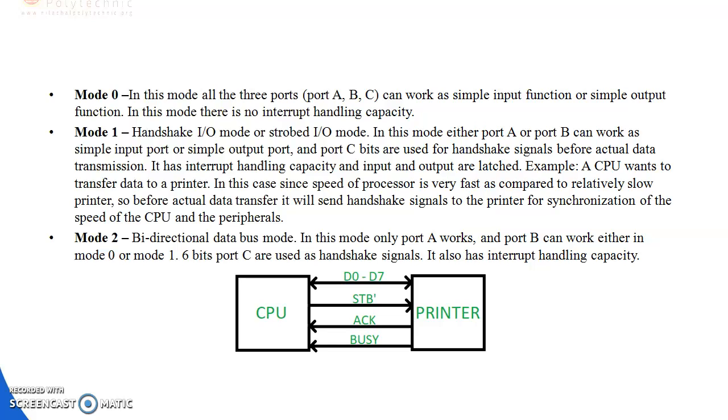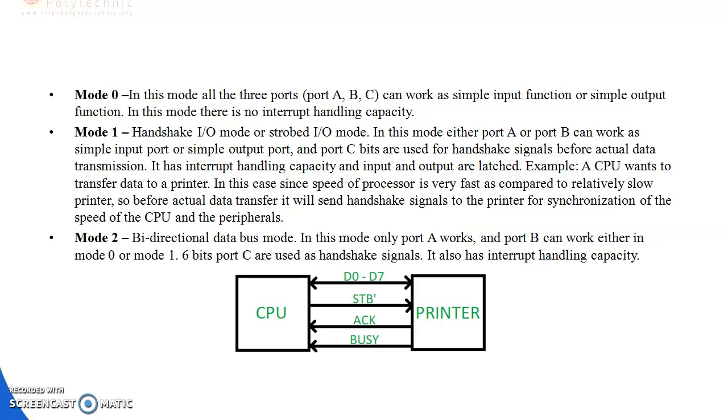In this mode either port A or port B can work as a simple input port or simple output port. And port C bits are used for handshake signals before actual data transmission. It has interrupt handling capacity and input and output are latched.